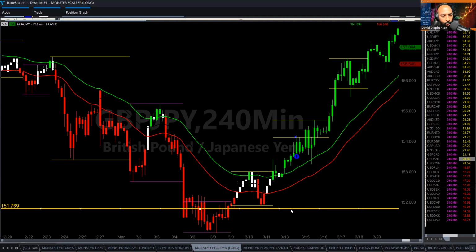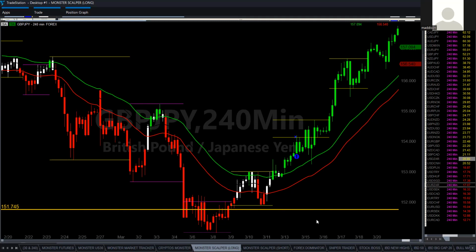And why would we put it below the support area? Because that's when we want to get out anyway. But why? Because that's when the sellers are in control. Very good, Madison. That's when the sellers are now in control.